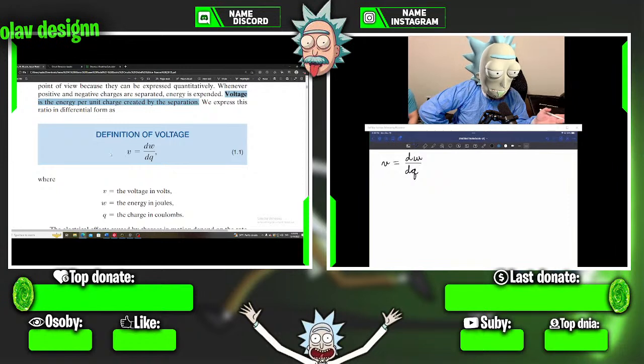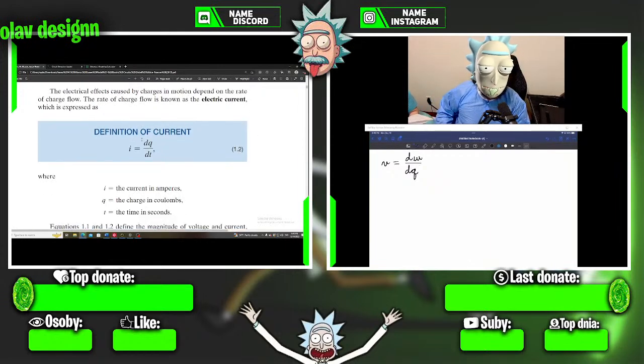A derivative is a rate of change. It's a small change in work over a small change in the charge. So voltage is the change in work, which is energy in joules, divided by the change in charge, in coulombs. You can also say the derivative of the work with respect to the charge.